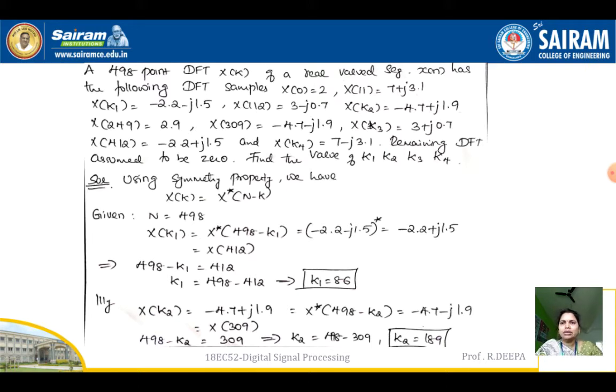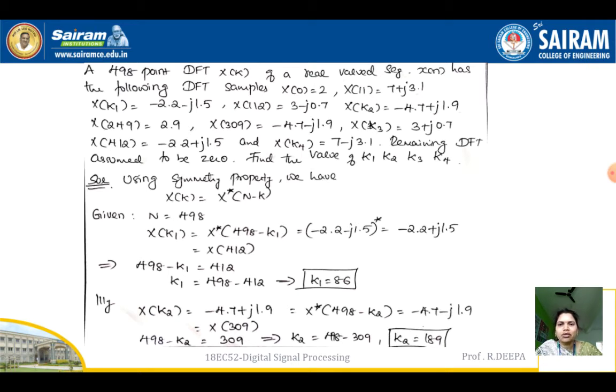So second problem statement is, a 498-point DFT X of k of a real valued sequence x of n has the following DFT samples: capital X of 0 is equal to 2, X of 11 is 7 plus j 3.1, X of k1 is minus 2.2 minus j 1.5 and X of 112 is 3 minus j 0.7, X of k2 is minus 4.7 plus j 1.9.